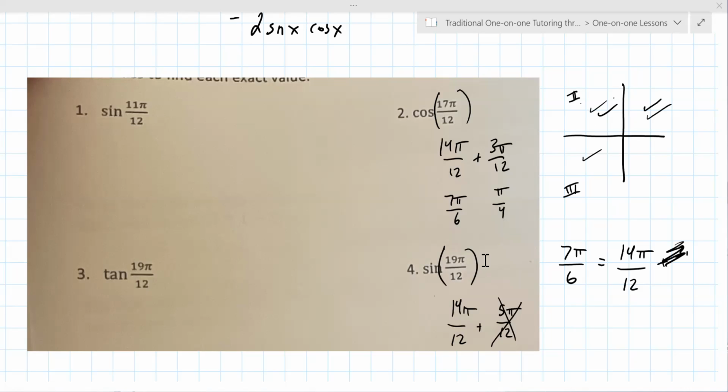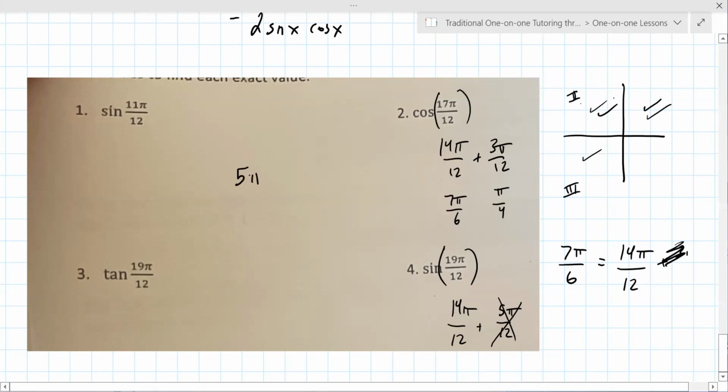So these aren't necessarily easy to come up with. If you go to 5 pi over 4, let me write that somewhere, 5 pi over 4, that's 15 pi over 12. Oh, then that's a little better because I can add 4 pi over 12 to that.